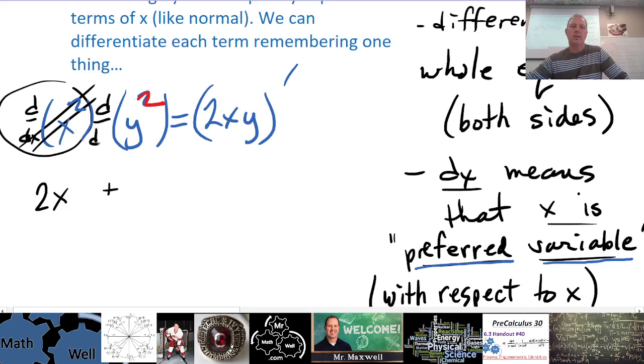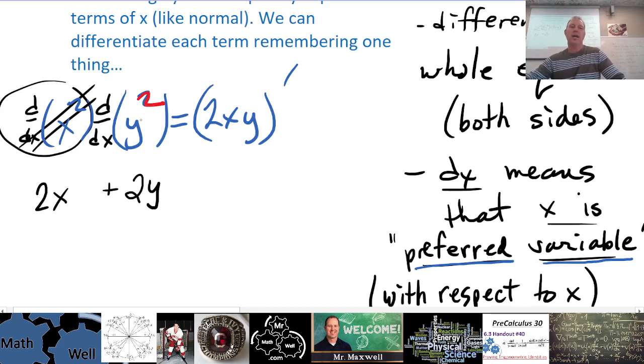Now the derivative of y squared, dy squared dx, with respect to x, notice that we don't have an x in there. So what we're going to do is the chain rule. You think about it as the chain rule, like y is an alien function. So the chain rule would say I have to take 2 down, multiply it by y, subtract 1 from 2, so that's just 2y.